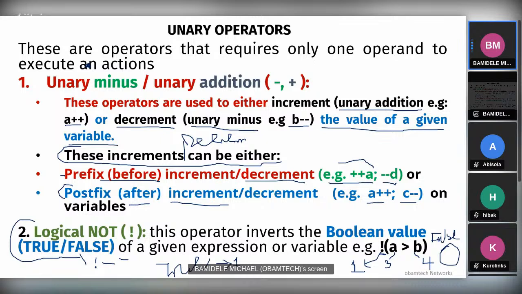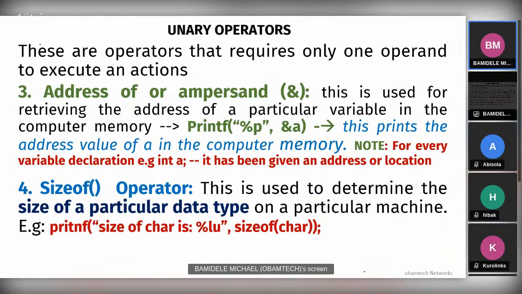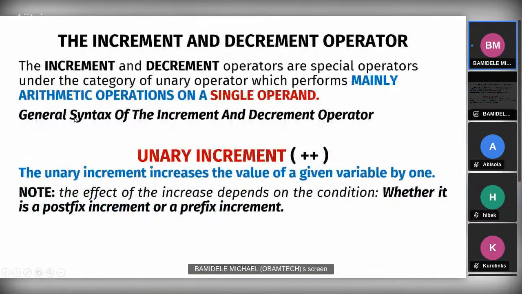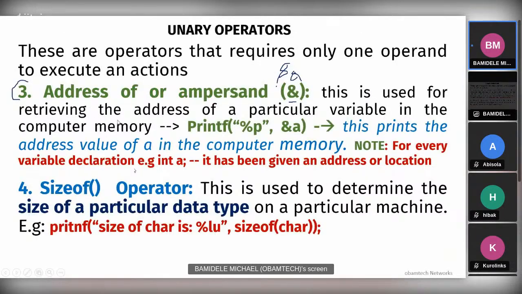Okay, now the other unary operator that we have, we are going to practicalize the use of these operators. We have the address of or ampersand operator. Now the address of operator is used, this is the symbol, and for example you can say &A. So the ampersand operator is used for retrieving the address of a particular variable in the computer memory.